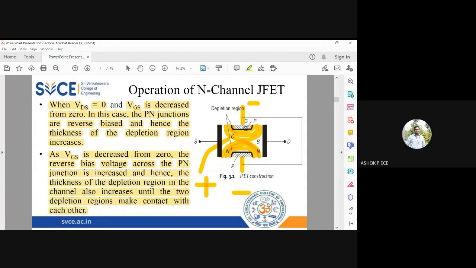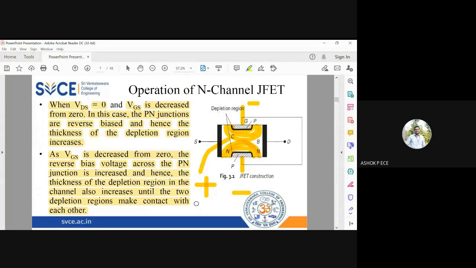The depletion region of the upper PN junction and the depletion region of the lower PN junction will touch each other. This will happen when I increase the value of VGS. Remember, VGS is negative, so I am decreasing it from 0. So I'll give -1, -2, -3, -4.